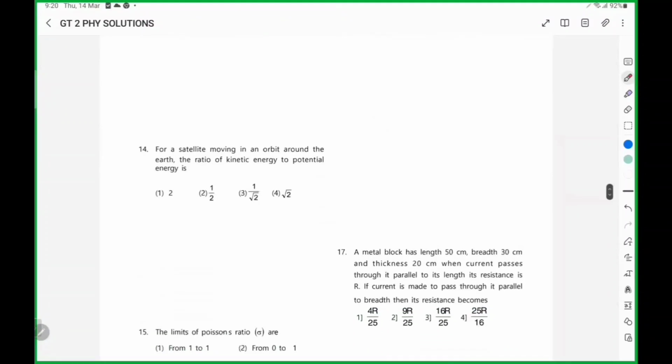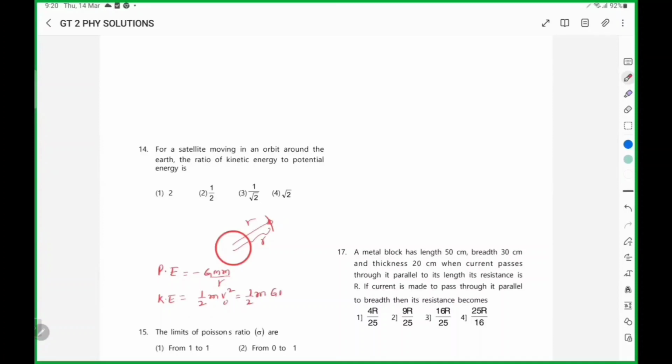Here for a satellite moving in an orbit of radius r, potential energy is minus GMm by r. Kinetic energy is, so here v is orbital velocity.